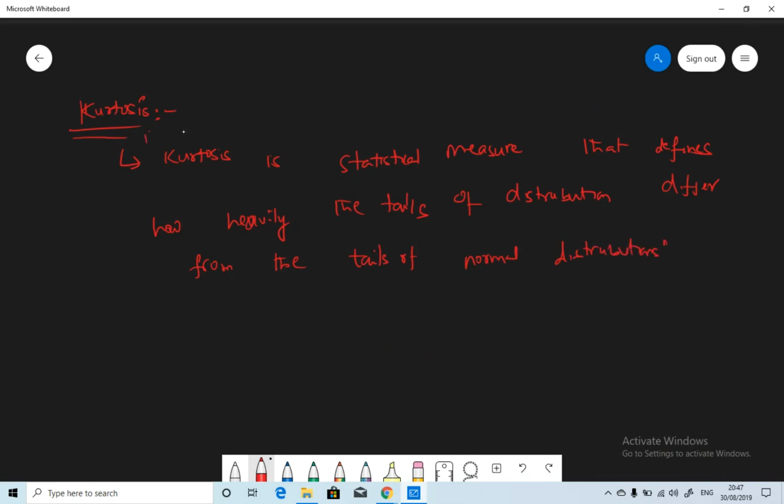Guys, don't worry about this. Write down this definition. There are things called normal distributions, and this will be taught in the probability and distribution class. This is very, very important for your data analytics.